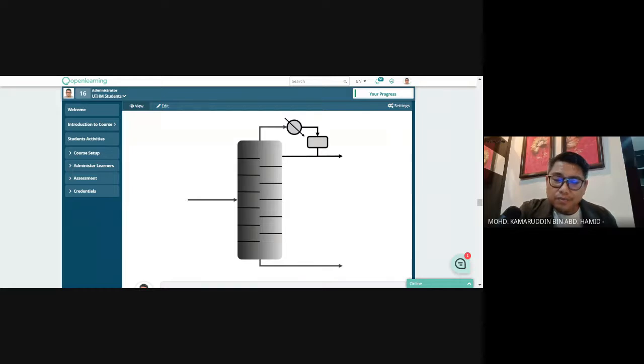Negative 200 or 300 degrees Celsius at 1 atm, for example, very low temperature, which is impossible for you to supply that huge amount of cooling utility to satisfy that low temperature. Okay, sebab you have a condenser at the top.